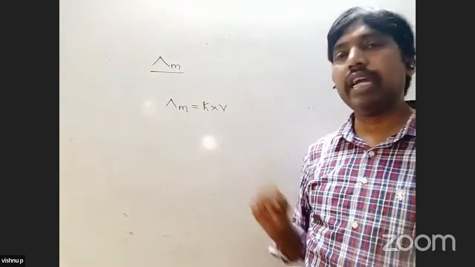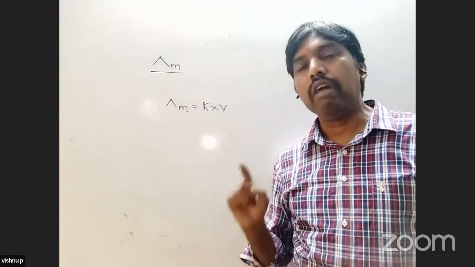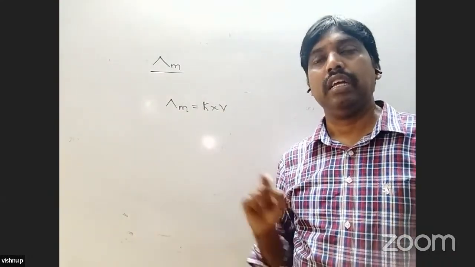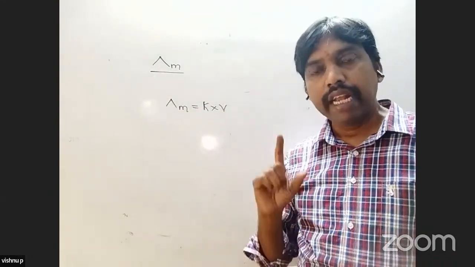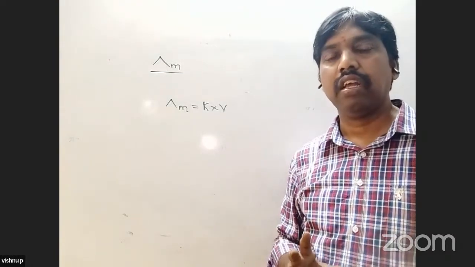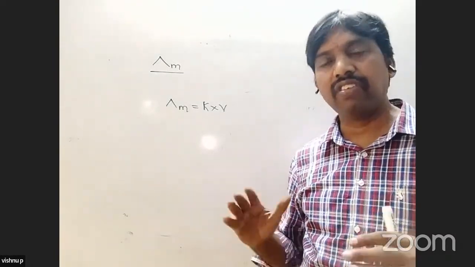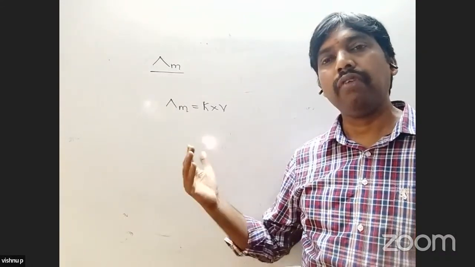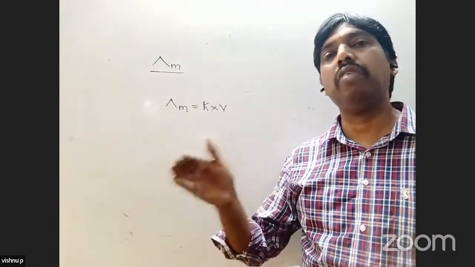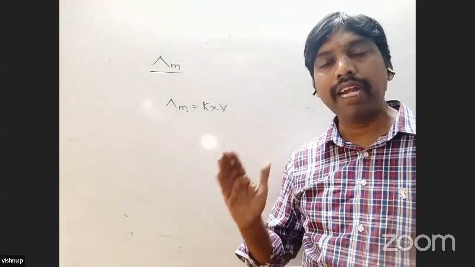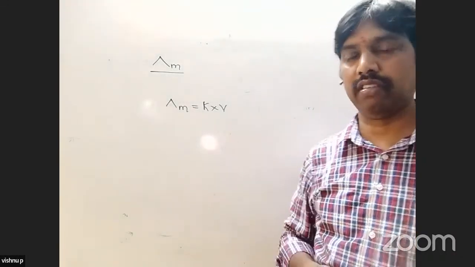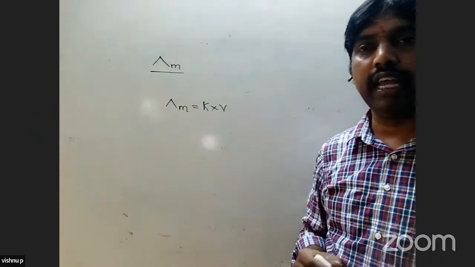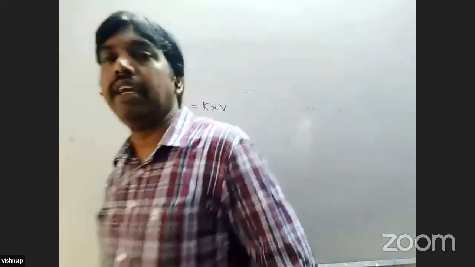But in molar conductivity, we know the concentration of electrolyte, the distance is fixed, and the area of cross section is large enough, so the total volume of electrolyte is accommodated in between two electrodes. So that is called molar conductivity.